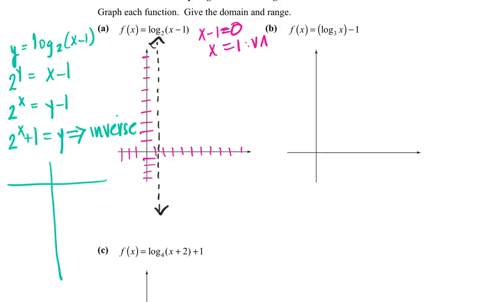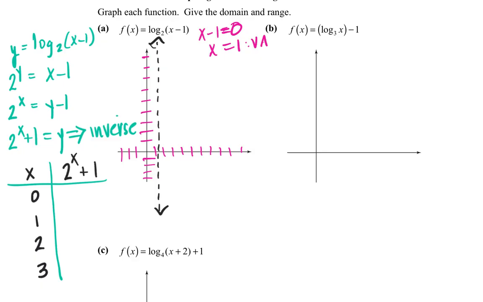All right, so let's choose some x and y values. I'm going to choose a 0, a 1, a 2, and a 3. So these are my x values, and this is 2 to the x plus 1.